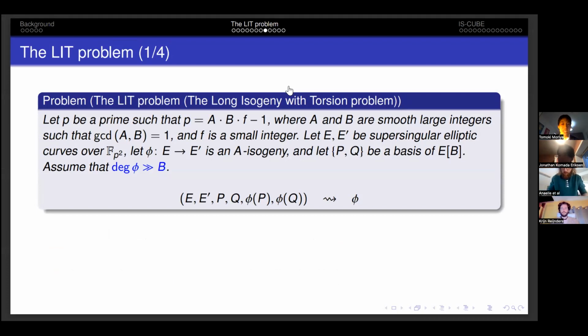So sorry, what is your question? Yeah, I just wondered if you considered some kind of argument like this for why the LIT problem is hard. Okay, so you want to ask why I think the LIT problem is hard, right? Yeah, or if you could somehow argue it, but maybe it's a weird question anyway.